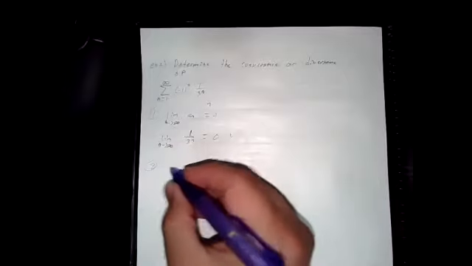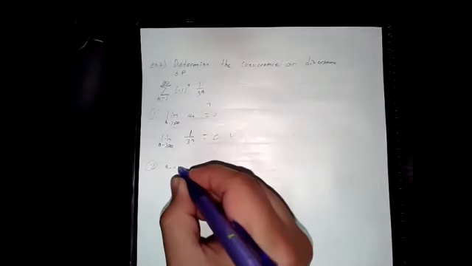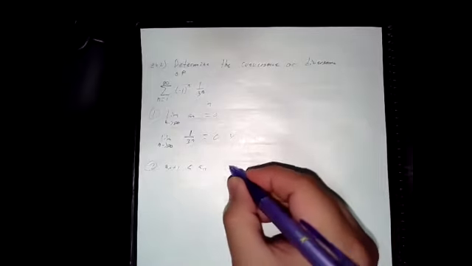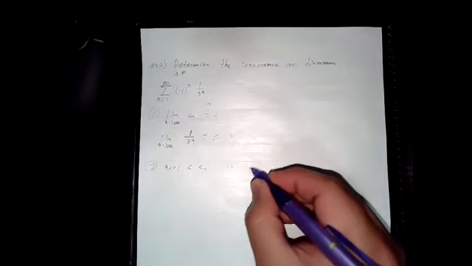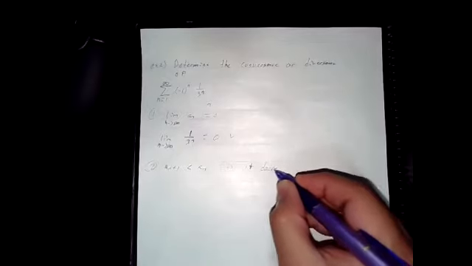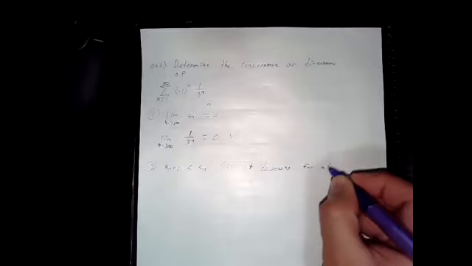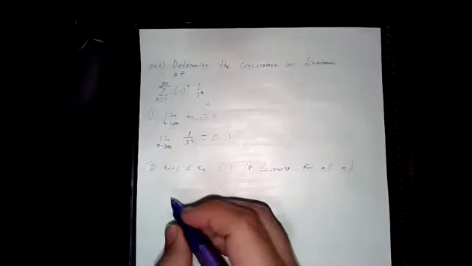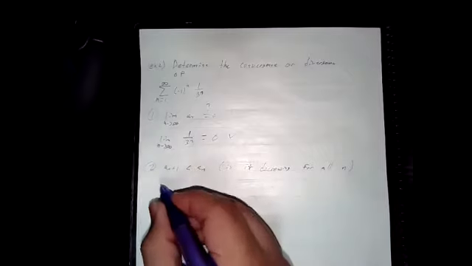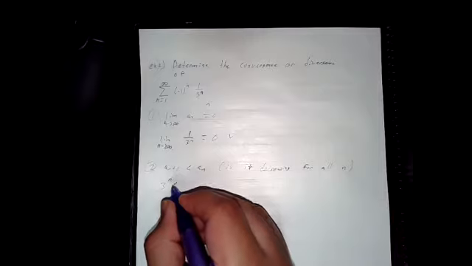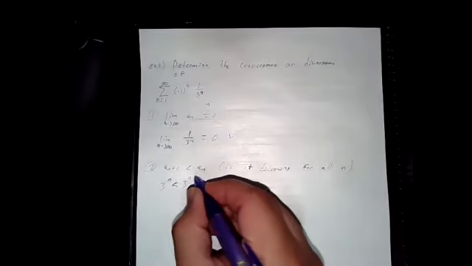Number two, is an plus 1 less than an? In other words, is it decreasing for all n, or at all times, right? So look at the series. It's always easy to build it off the reciprocal. So we know this guy is smaller than this guy.